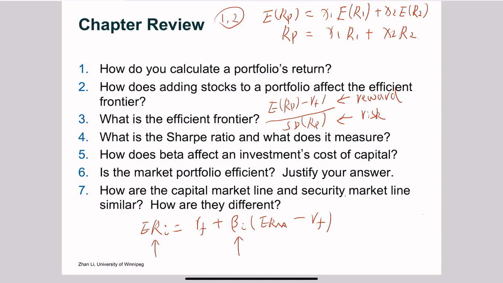Sixth, is the market portfolio efficient? Justify your answer. Well, this is sort of a long argument, right? First, it is efficient under those three assumptions listed in the lecture note. And the justification is basically it's about supply equals demand. Supply is the market portfolio. Demand is the sum of all individual investors' portfolios.